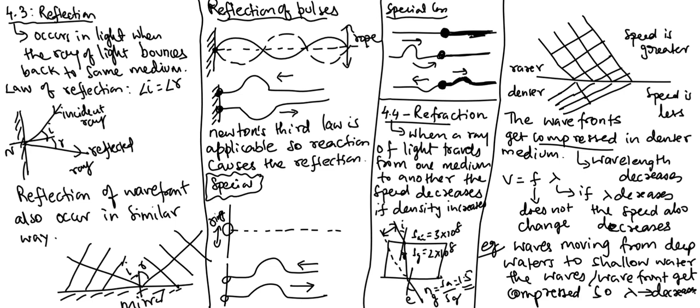Then it becomes something like this. Imagine if this is like your deep water, and this is like your shallow water. This is exactly what happens. But you can apply these formulae here, the Snell's law. If you remember, we used to write Snell's law as sine I by sine R, isn't it?